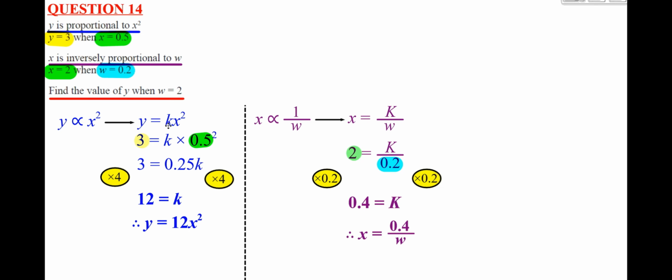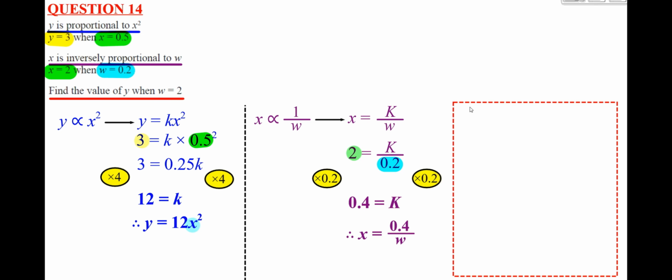So if y is 12x squared, then we can say, therefore, because x is 0.4 over w, then y equals 12 lots of 0.4 all over w, all of that thing squared.